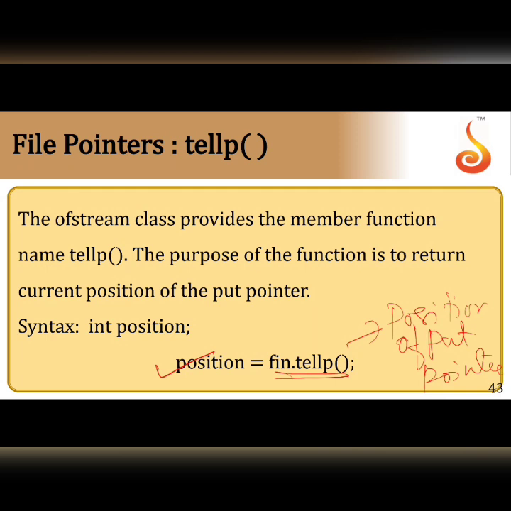So we have come to an end of the files chapter. We completed C++ with this, which is a 39 mark weightage in the final exam.